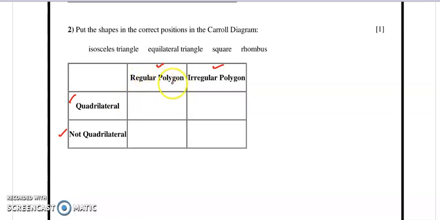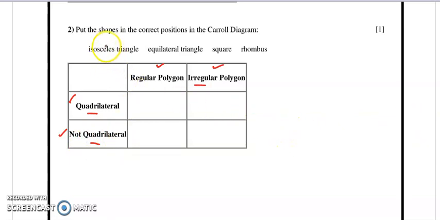An irregular polygon is a geometrical shape in which not all sides are equal. A quadrilateral is one having four sides, and not quadrilateral means it will not have four sides. It can have three sides, five sides, or even more.